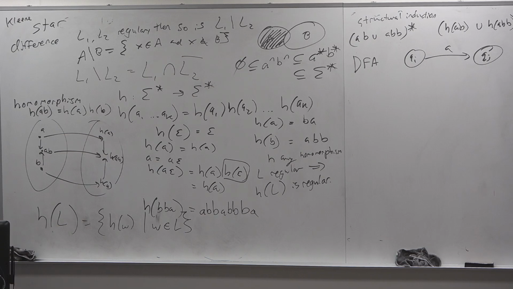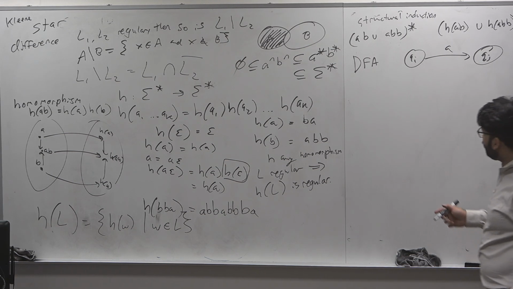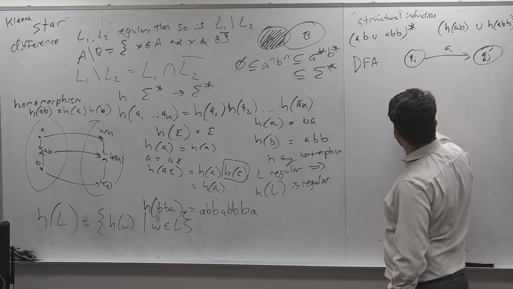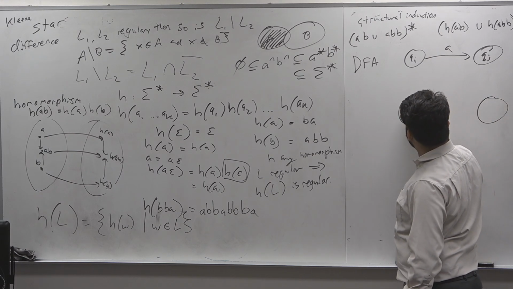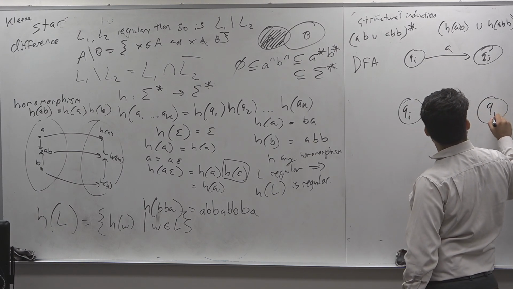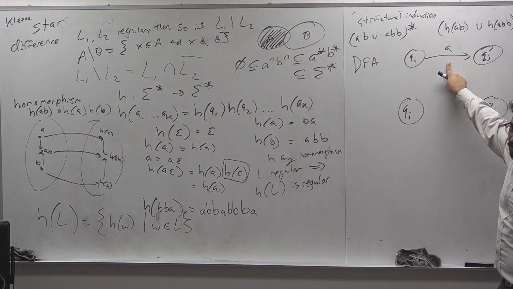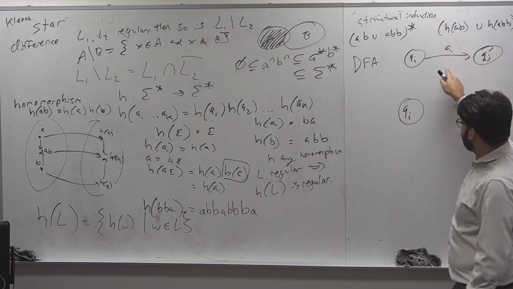That's the sequence of symbols in the string it accepts. When A, B, B is accepted by the DFA, we want to make a second DFA that would accept H of A, B, B. So what we do is copy the states over and everything, and then we do a little trick. While this would take an A transition, we want to take an H of A transition. That's kind of the idea.